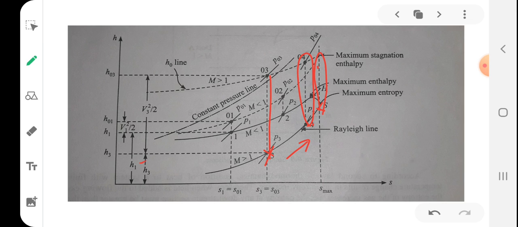So in case of supersonic flow, when you proceed along the flow, velocity seems to decrease to a value M equal to 1. But in case of subsonic flow, velocity is seen to increase to M equal to 1. So the limiting value of Mach number is unity, Mach equal to unity. Okay.